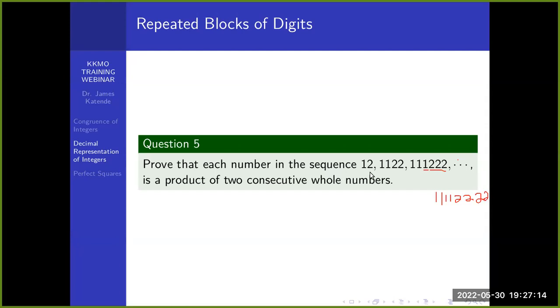So the claim is that any number in this sequence can be written as a product of 2 consecutive whole numbers. You can quickly see that for 12, this can be written as 3 times 4. So that is true. So what is left is to figure out how to write the general term of this sequence as a product of 2 consecutive whole numbers.